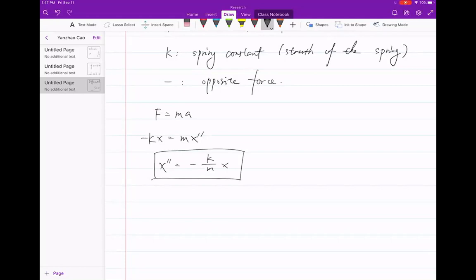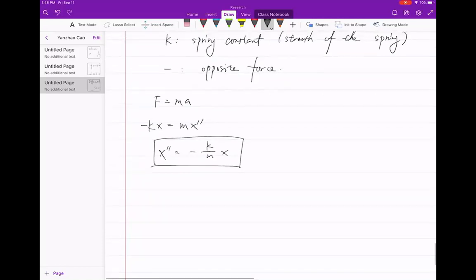What's the solution? If you know it, just say it. This k over m is just a constant, right?